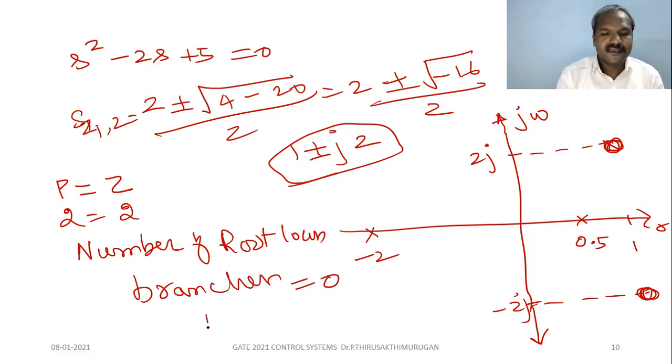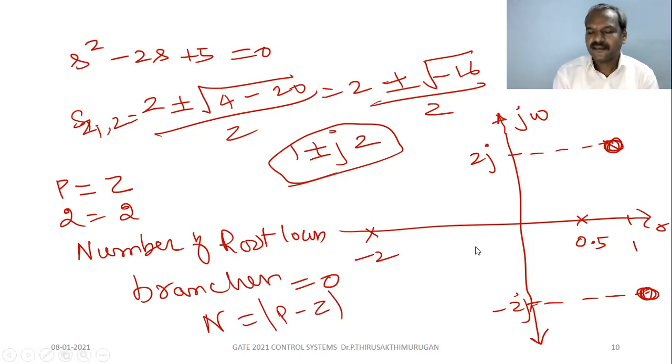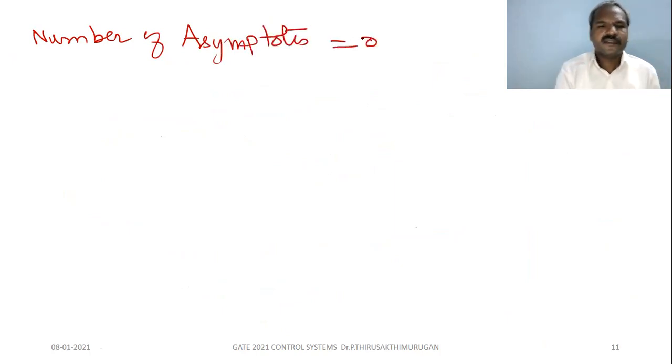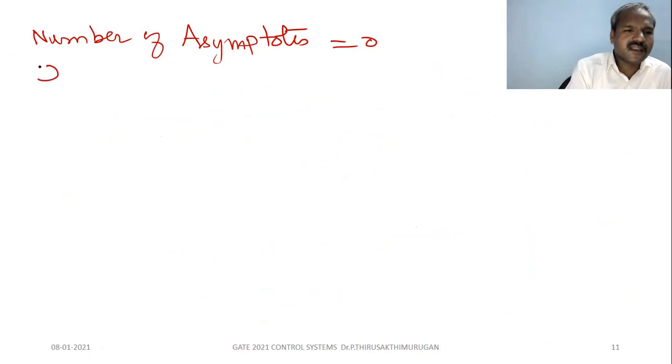N equal to P minus Z, which is 0. Understand or not? So real axis root locus branches are 0. Then the number of asymptotes is also 0 because N equals 0. Since there are no asymptotes, the centroid is not required.